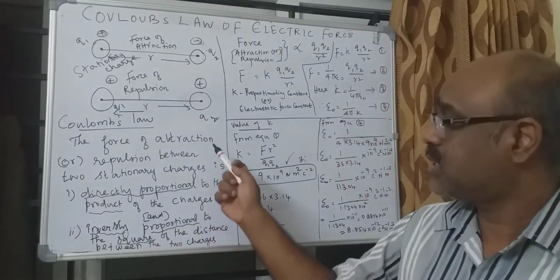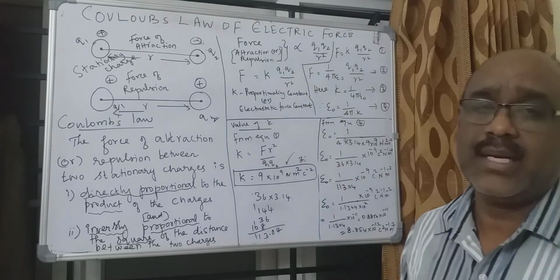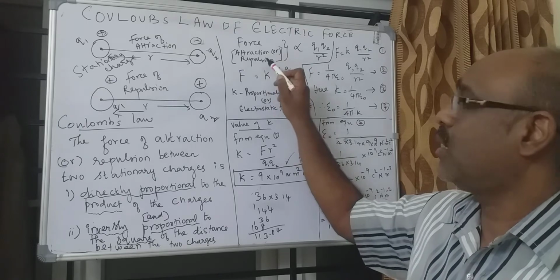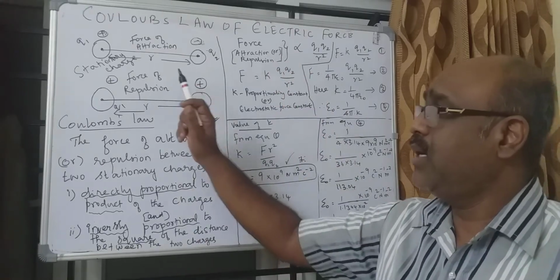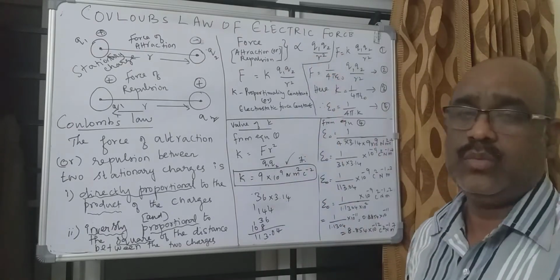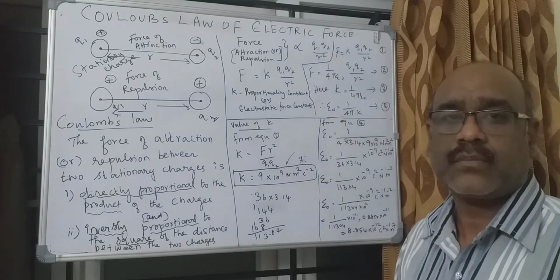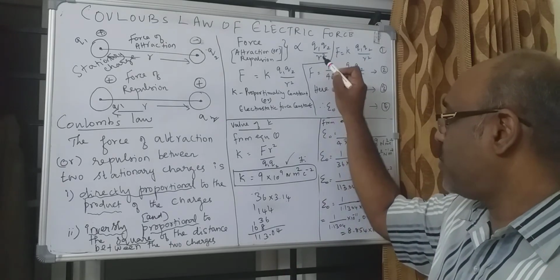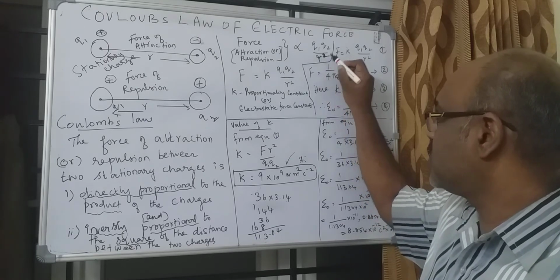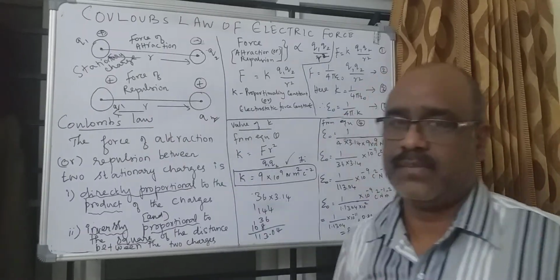Now let us write it in terms of an expression. Force of attraction or the force of repulsion between two stationary charged objects is directly proportional to the product of the charges Q1 into Q2 and inversely proportional to the square of the distance between the two charges.